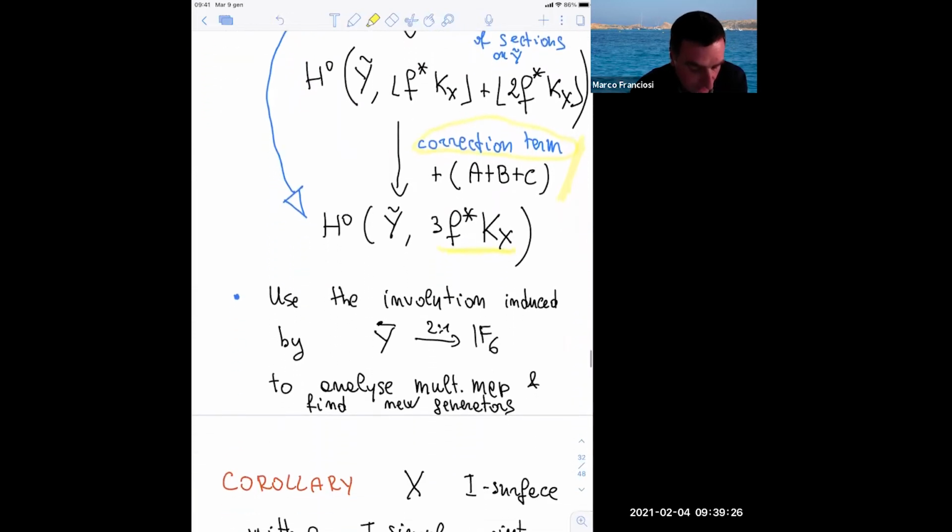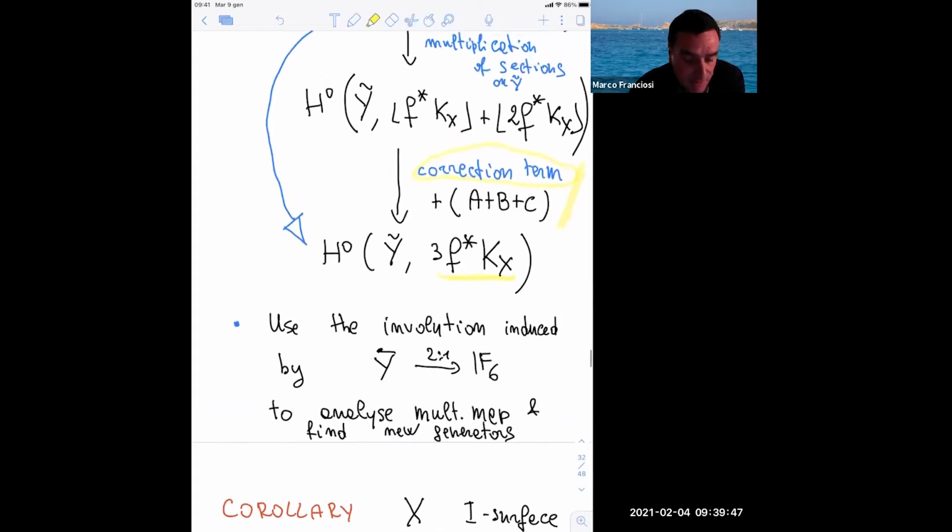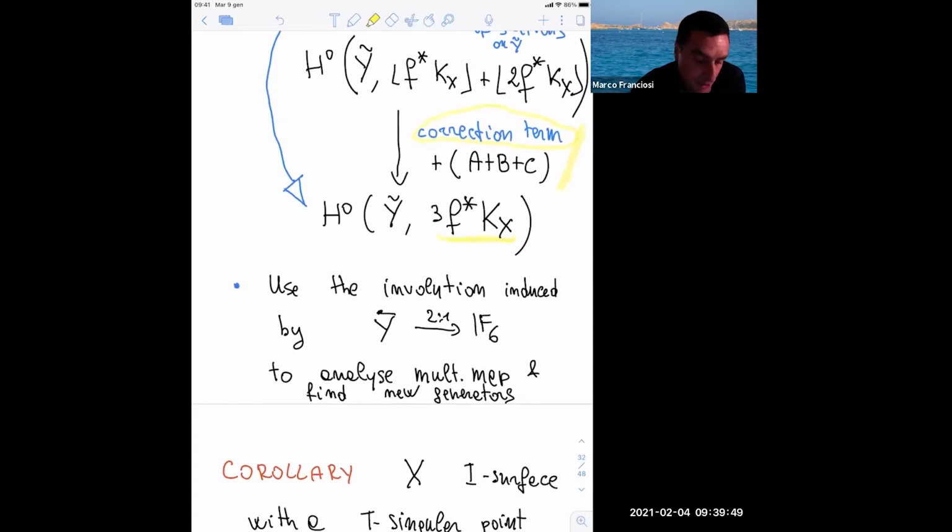Finally, we use the involution from Y bar onto F6 to analyze the multiplication maps and find new generators. In particular, in this way, we find a good generator in degree 5. Multiplication map and counting dimension shows that we have a dimension 1 left.